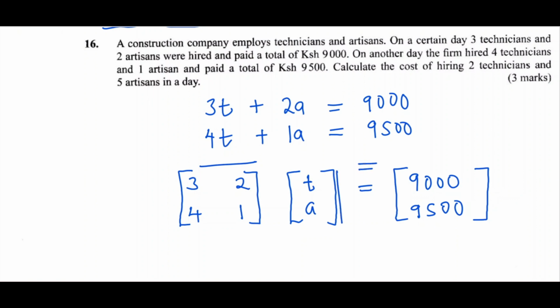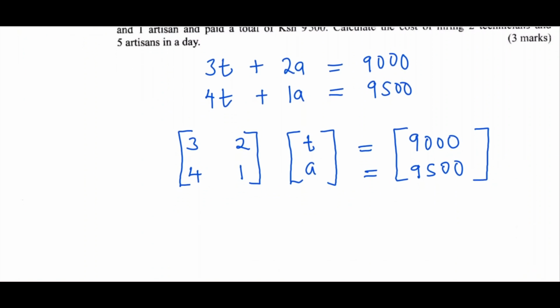So in this first equation, 3 multiplied by T, you see I'm taking this direction from the first row, 3 multiplied by T, and then 2 multiplied by A. So I'm taking this direction from the second matrix so that I can multiply rows times columns. 3T plus 2A is equal to 9,000, and in the second equation, rows times columns is equal to answers. So 4T plus 1A is equal to 9,500. It has been arranged properly.